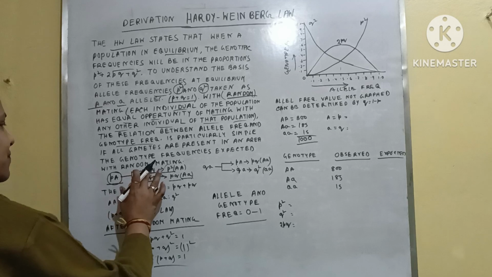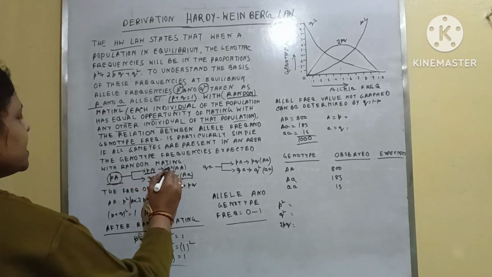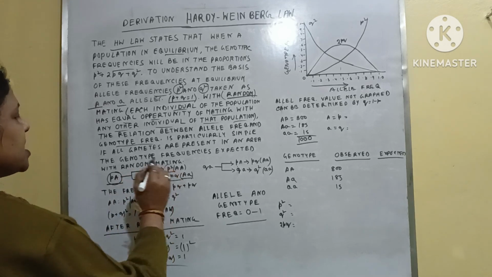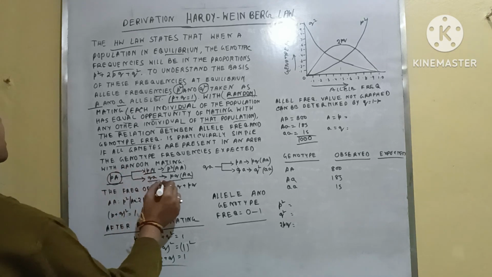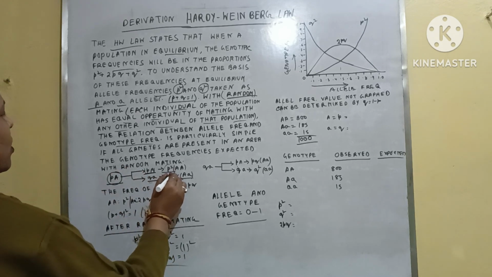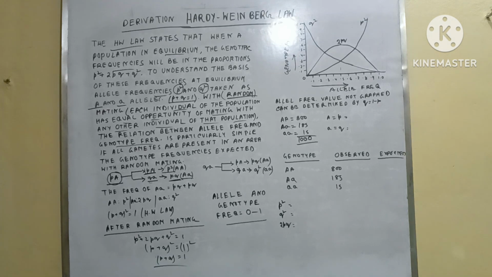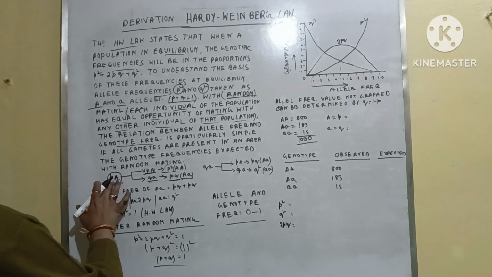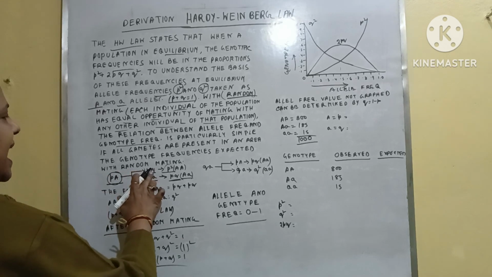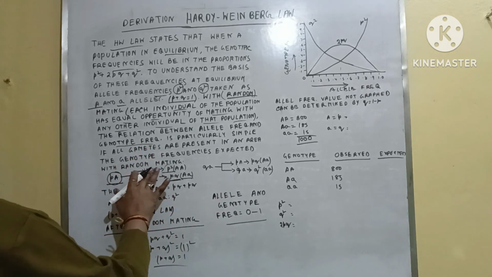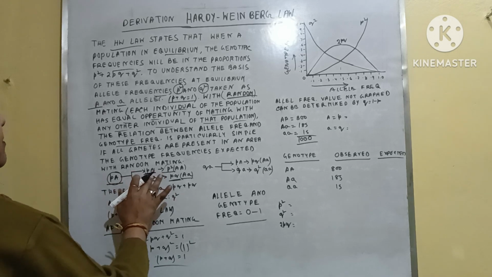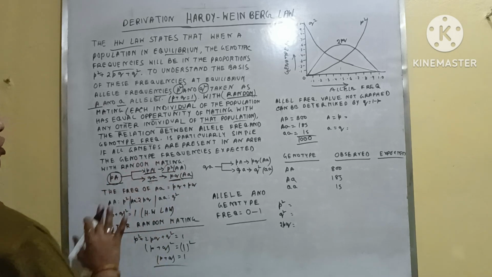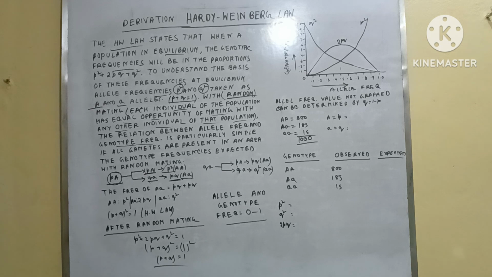If small pa is formed, the frequency is p square. If small qa is formed, the frequency is pq. That means pA and pA multiplied form p square, and pA and qa form pq. Do you understand?